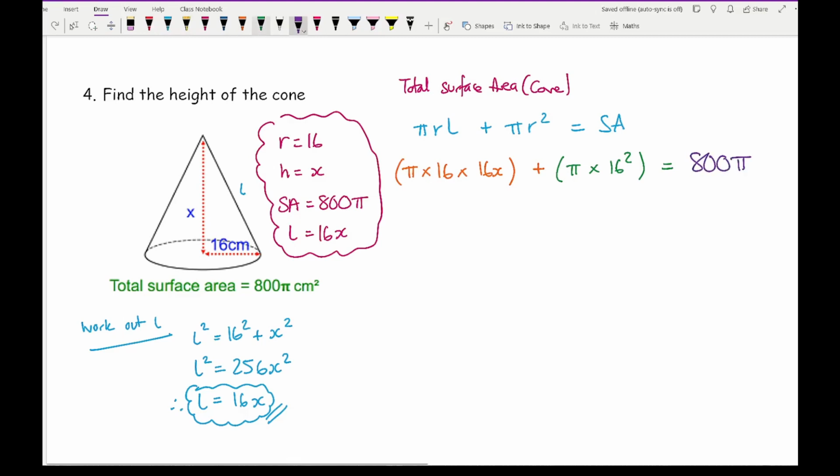Simplifying each of these brackets, this one becomes 256 pi, and this one becomes 16 plus x.